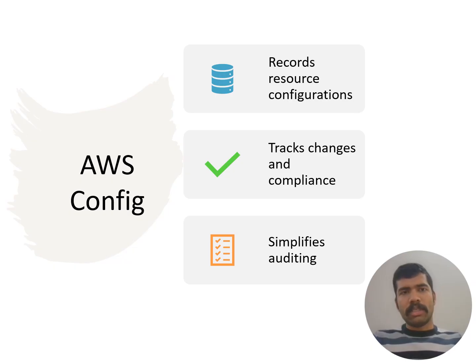For example, you can use Config to ensure that S3 buckets are not publicly accessible, or that encryption remains enabled on any EBS volumes. This means Config's timelines and change tracking features help in identifying when a configuration drift occurred, and whoever was responsible for initiating it. So that's pretty much about AWS Config.